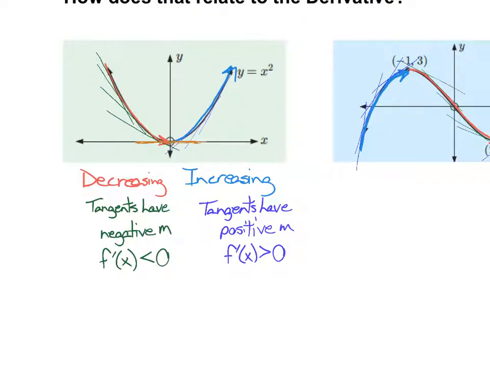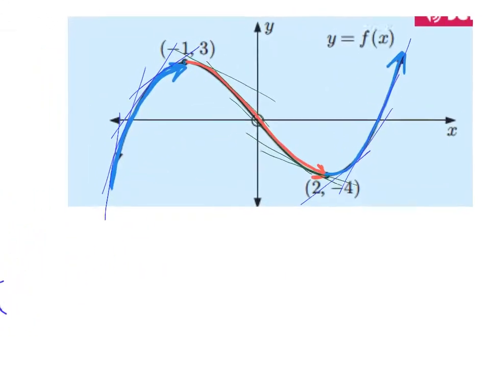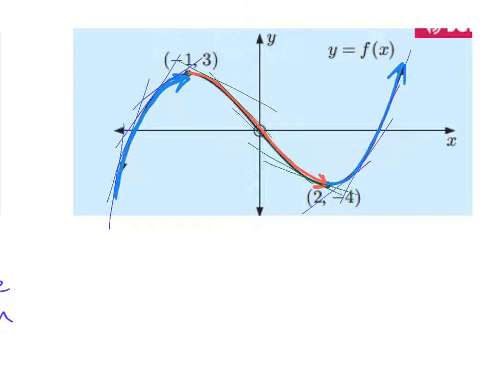Right there, the slope of the tangent equals 0. Over here, there's 2 points where the slope of the tangent equals 0. There's one, and there's one.